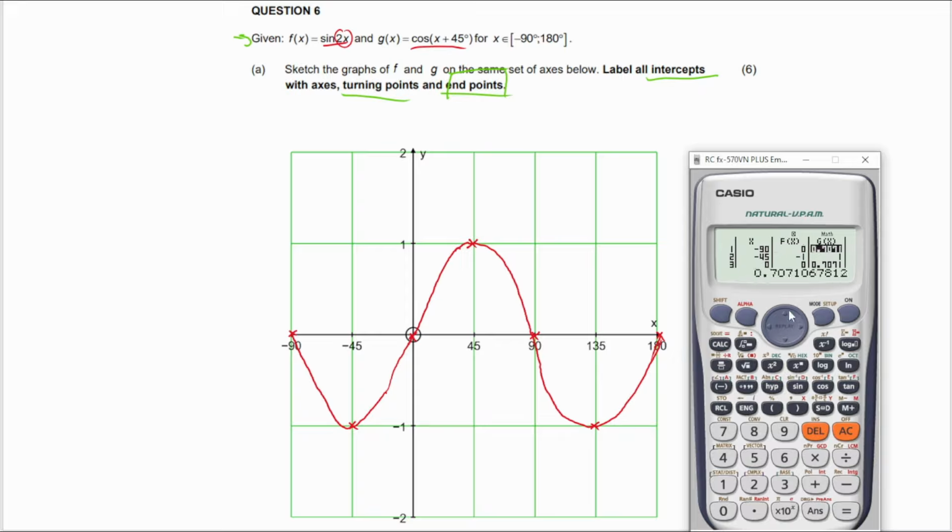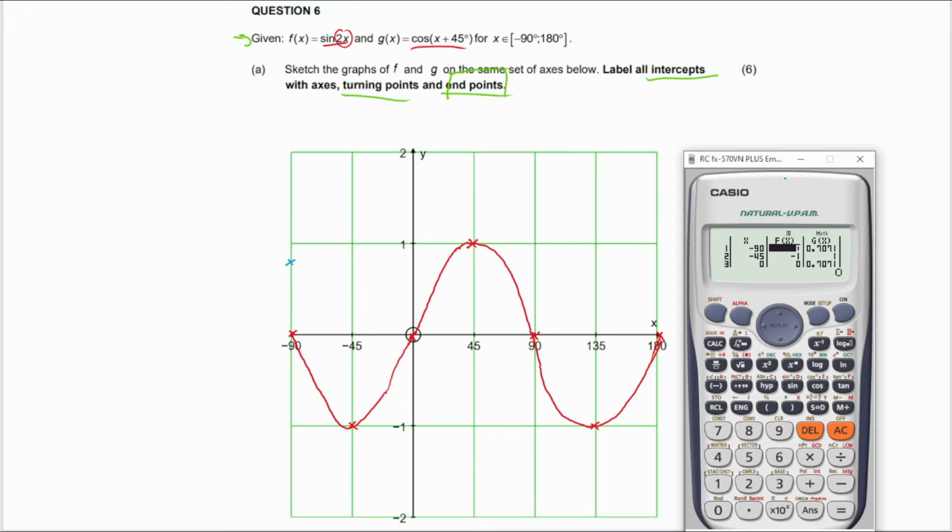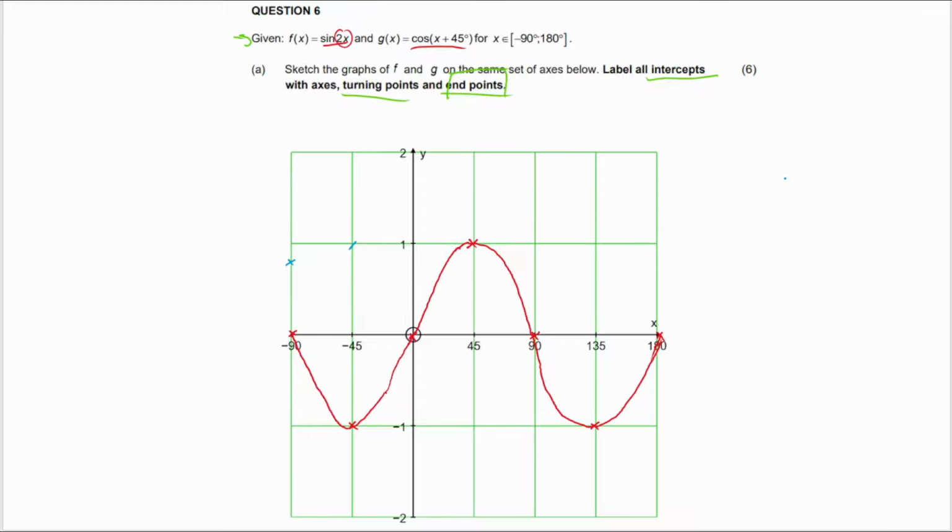For the cos graph, here at -90, we're at about 0,7. So 0,7 will be somewhere up here. Then at, wait, where did the calculator go? My calculator just crashed. I closed the calculator by mistake there. But at -45, we're at 1.